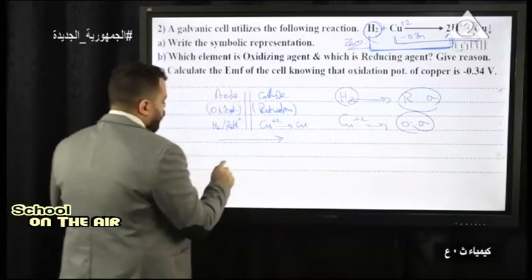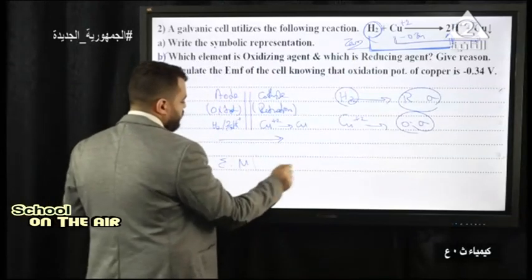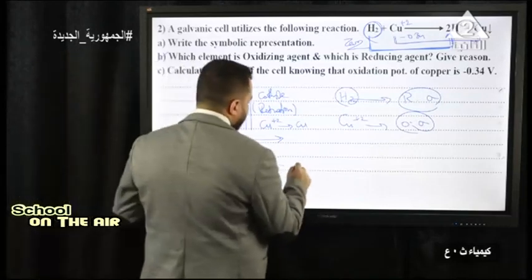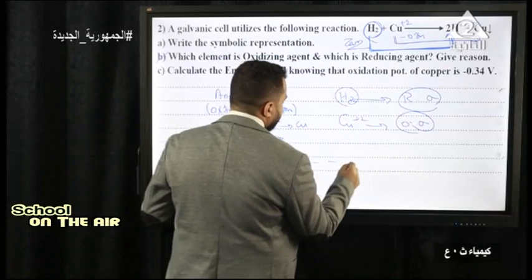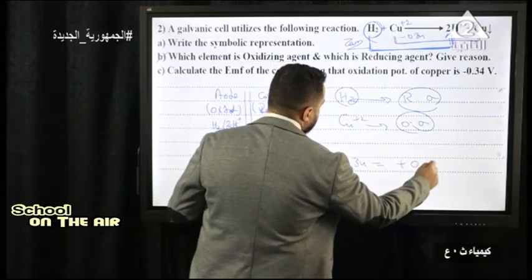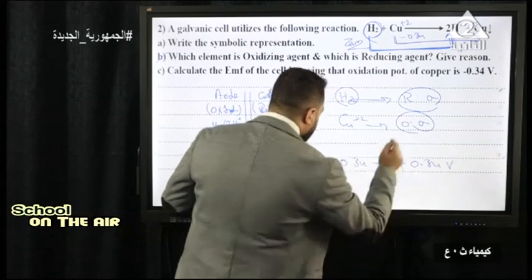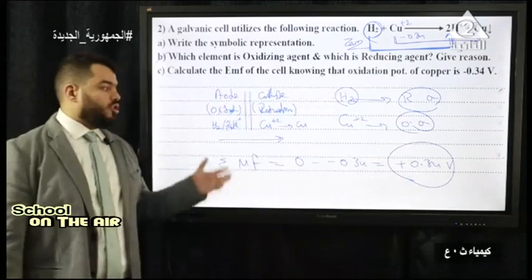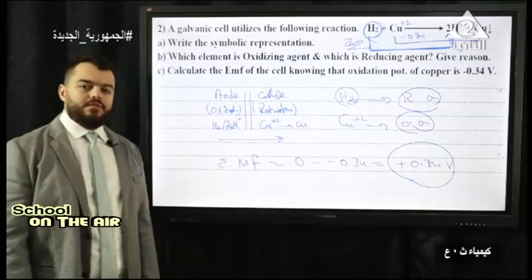Okay? So when you calculate the EMF, you will make 0 minus negative 0.34 to give us positive 0.34 volt, which represents a galvanic cell with a positive EMF.